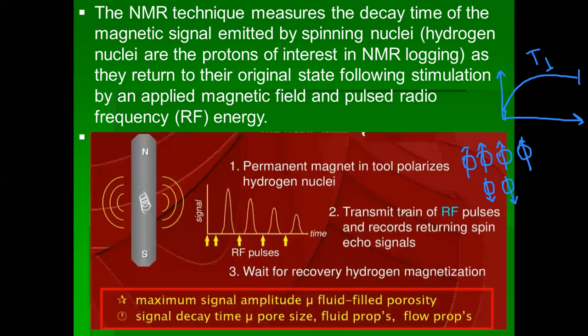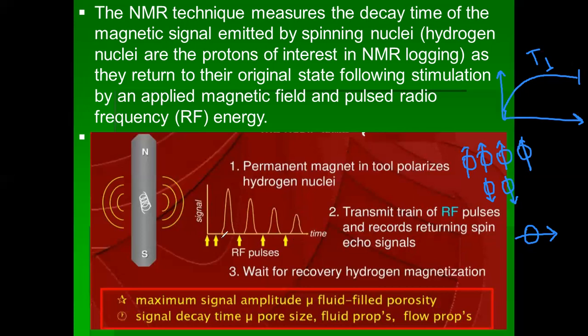So we will apply, for example, a 90-degree pulse that will tip the protons from spinning in the vertical direction into spinning at an angle of 90 degrees.